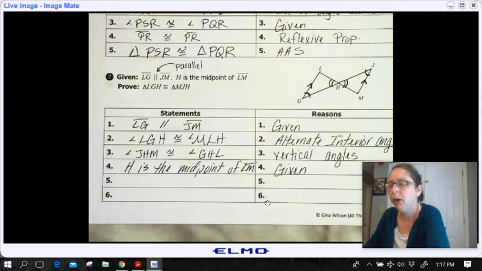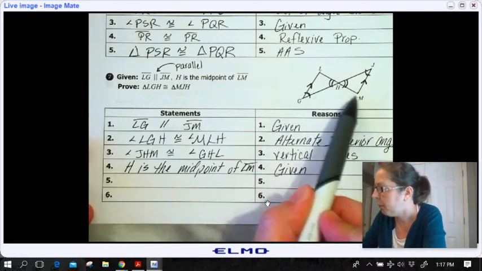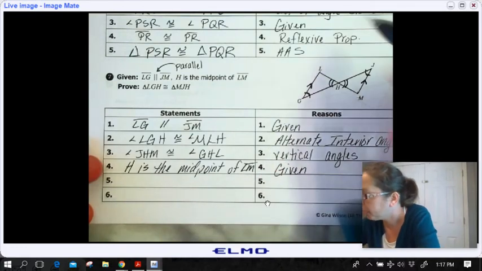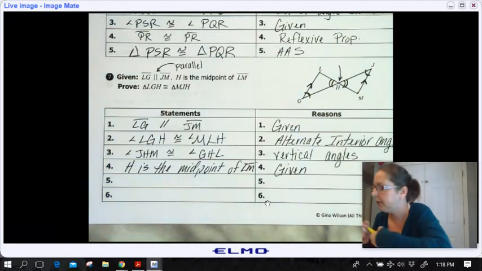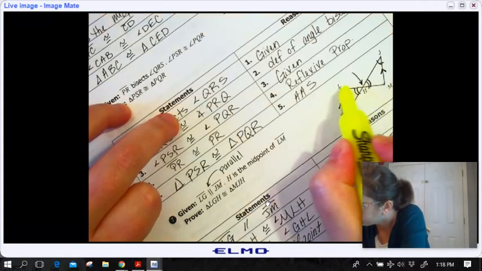Okay, so LM, H is the midpoint of that. Let me highlight this line, LM.